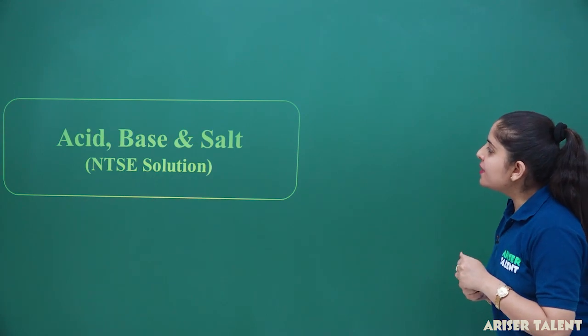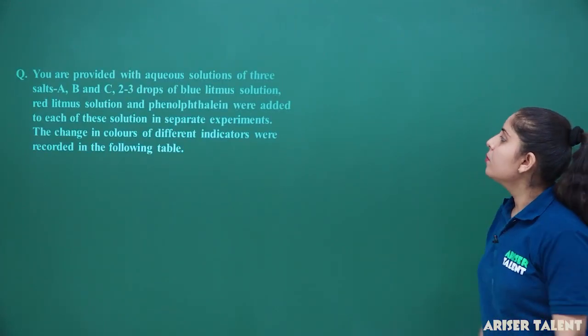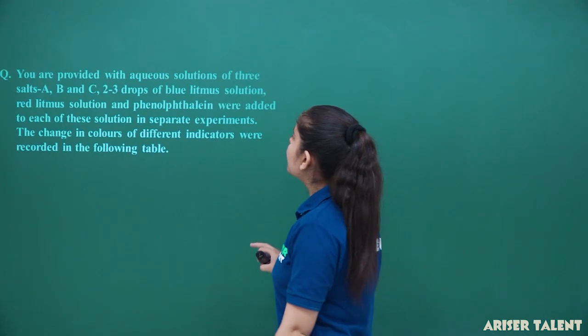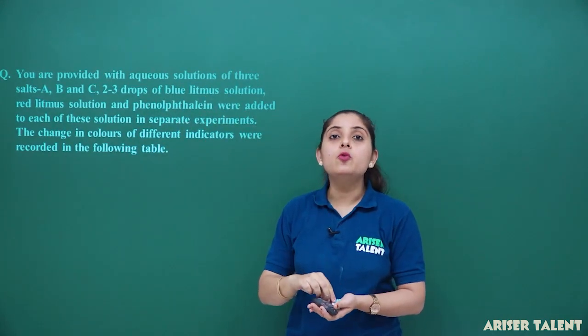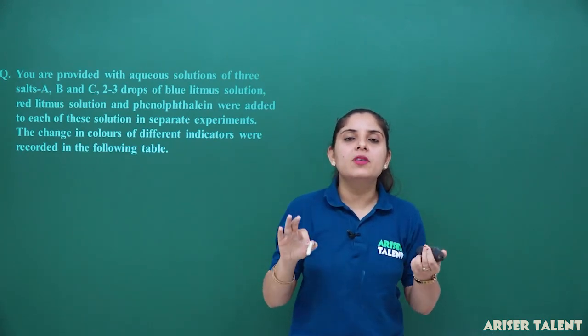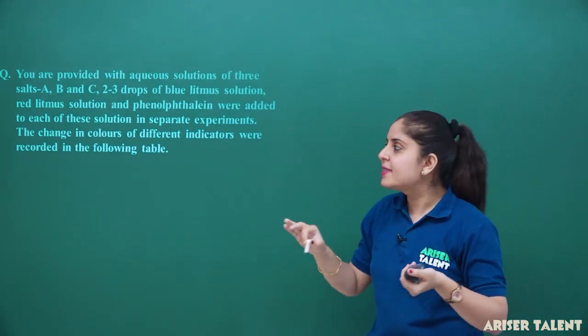The first question in this sequence is again a paragraph type question, so we have to read every statement given here and try to make a systematic picture of what is actually given.